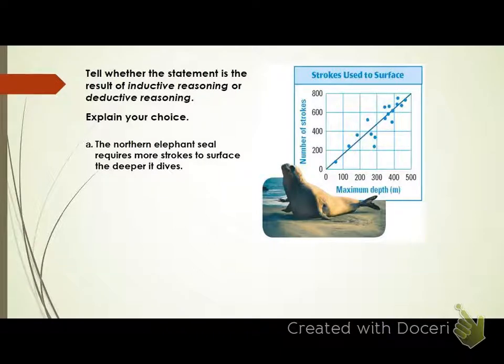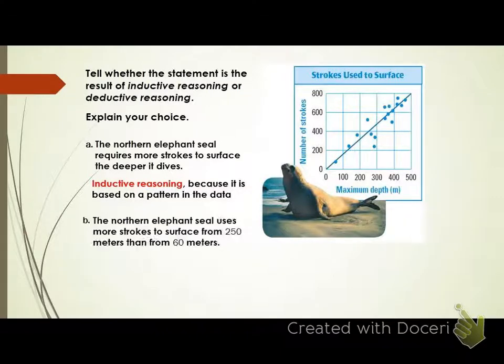That's what happens when the slope increases, right? It says that as the maximum depth increases, the number of strokes increases. So that tells us that the deeper the seal dives, the more strokes it takes to surface, right? So that's a pattern. We're using a pattern here, so that's going to be your inductive reasoning.